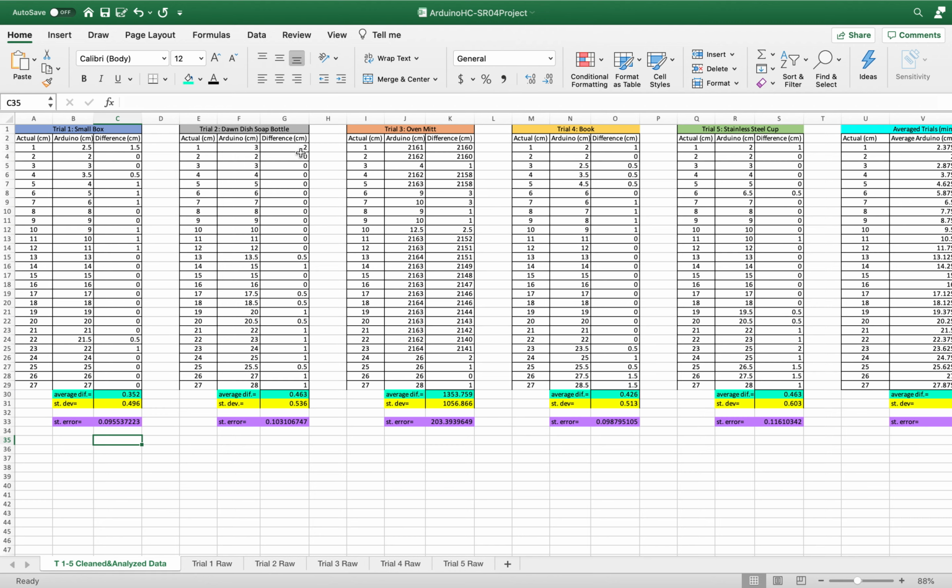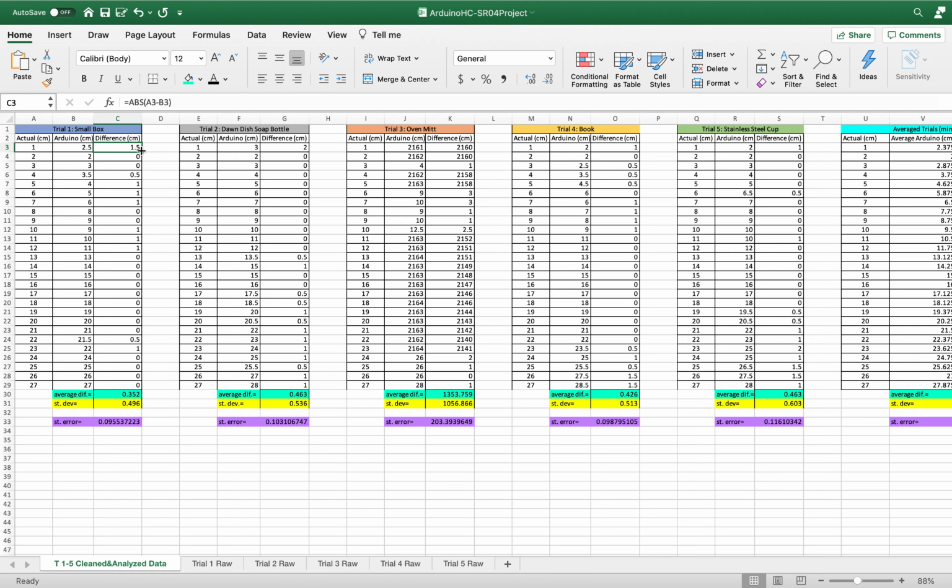So the difference between the actual and the Arduino value. And how I did that really quickly with Excel was I just took the absolute value of the actual minus the Arduino value and came up with the difference.